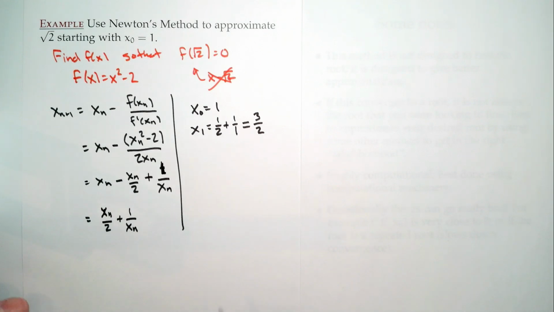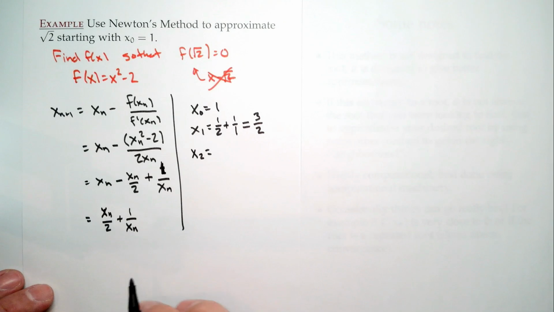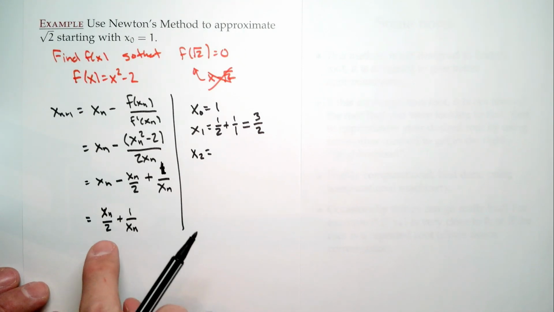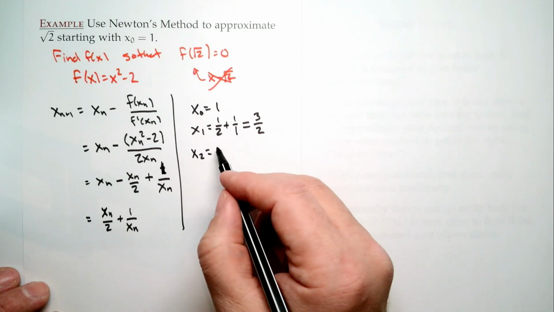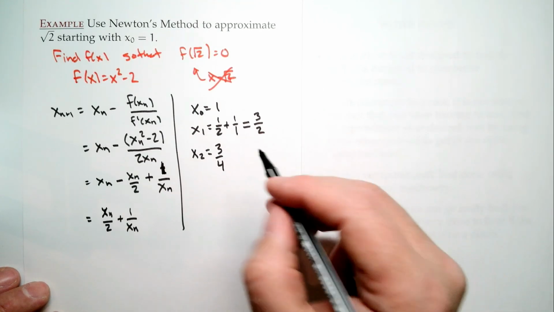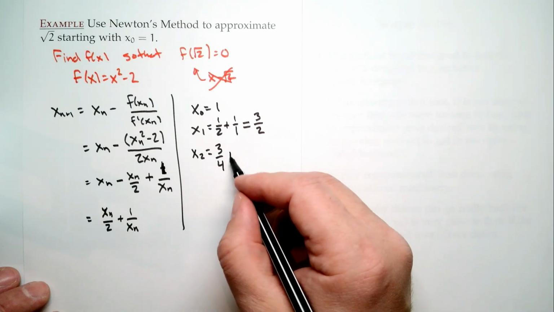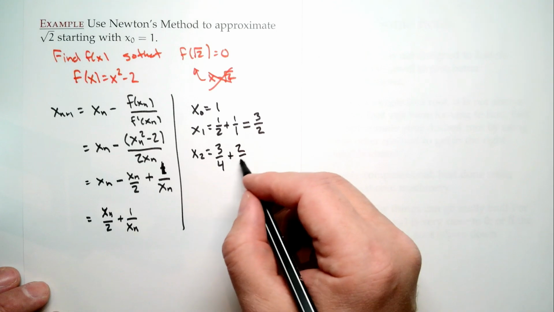Okay, let's talk about x2. What would that be? Well, we're going to take half of the current estimate, so that would be 3/4, plus, now flip it over. If you flip 3 halves over, you get 2/3.